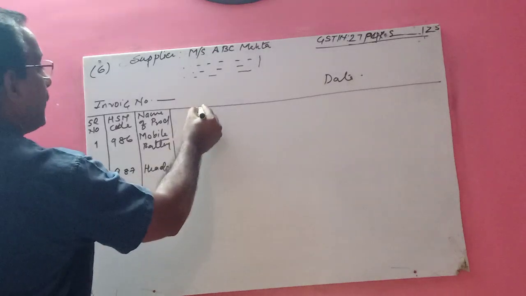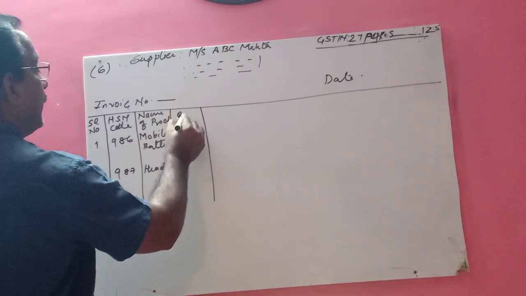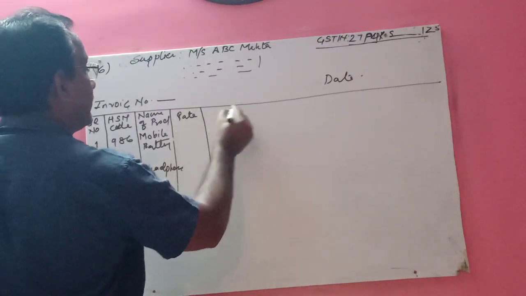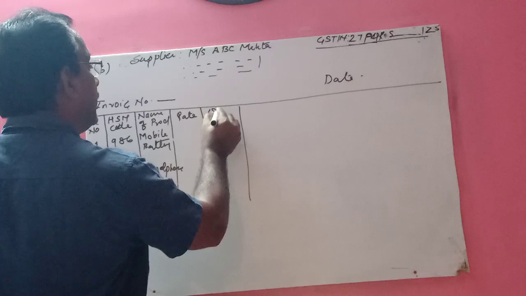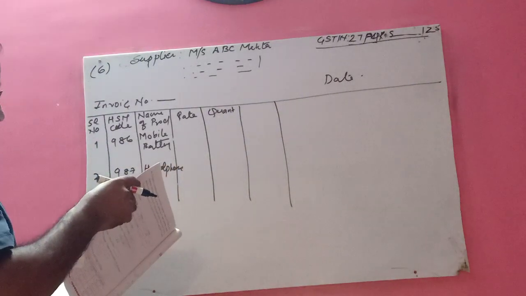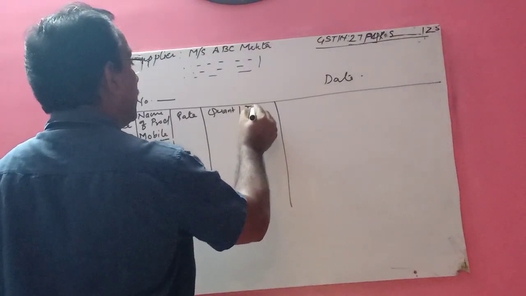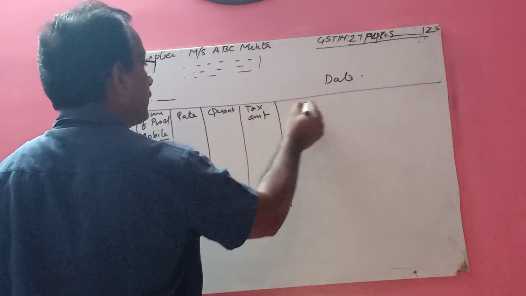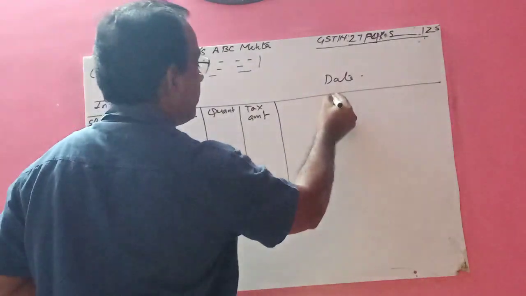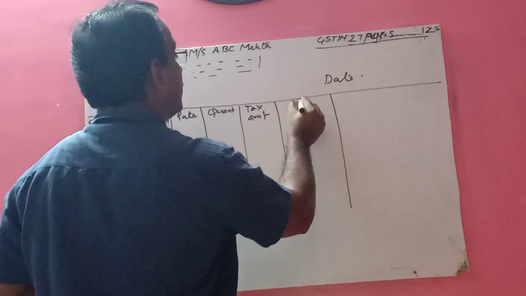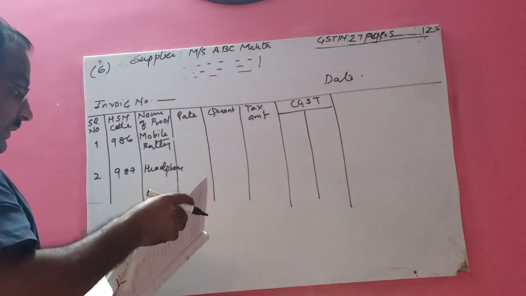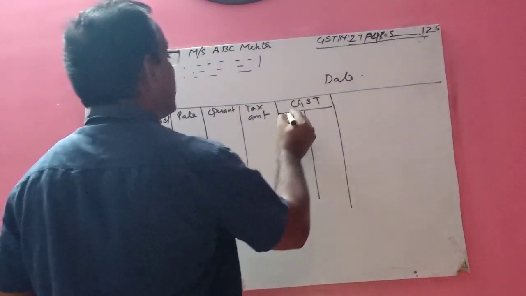So write here rate, and then you have quantity. First I am writing all this part. Quantity. Next you have taxable amount. After that CGST, which has two parts: one is rate and second is tax.